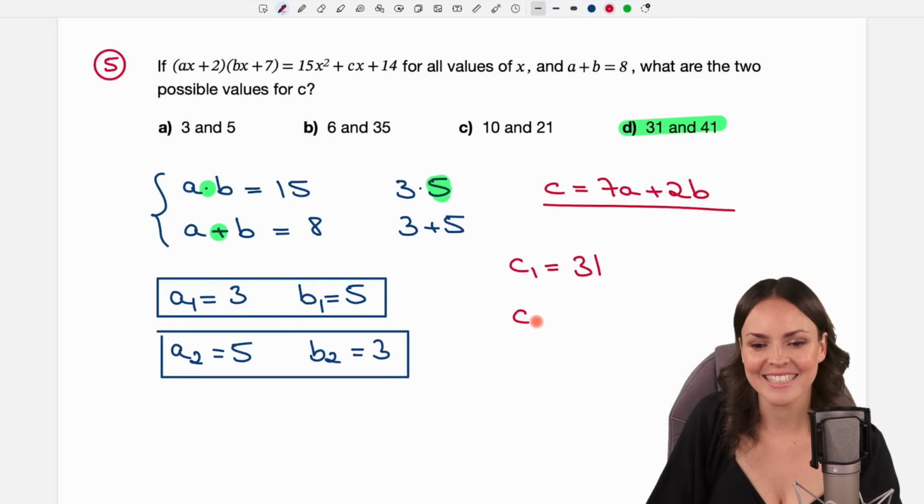But let's calculate c2 as well. So 7 times 5 this time, which equals 35, plus 2 times 3, which equals 6. And yes, I get the 41 here as well. These are the two possible values for c.